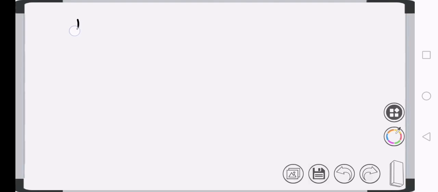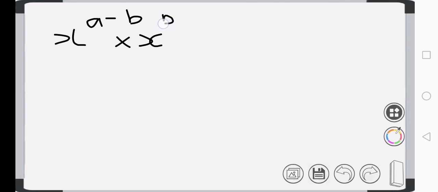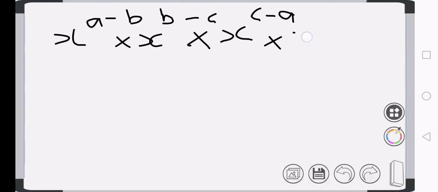You have x to the power a minus b times x to the power b minus c times x to the power c minus a times x to the power negative a minus b. How do we deal with this?